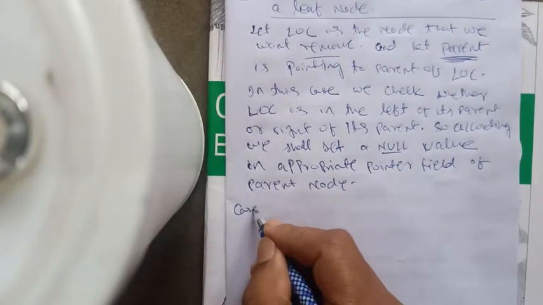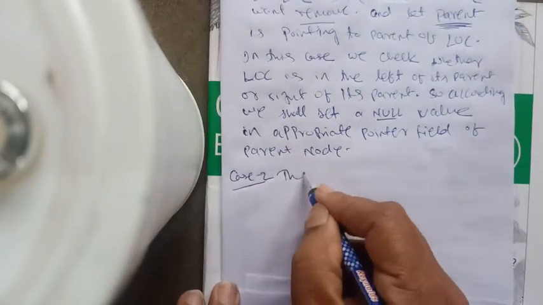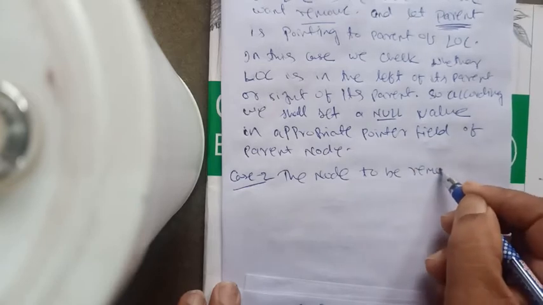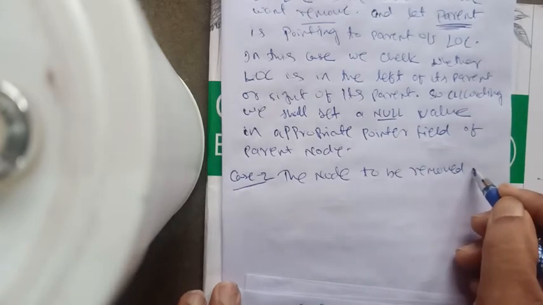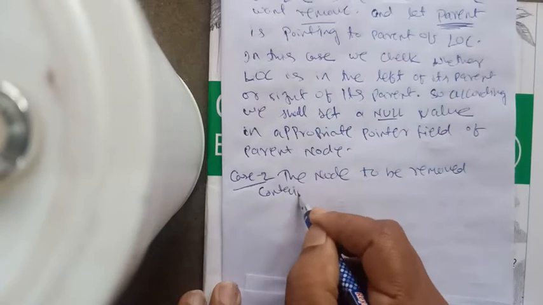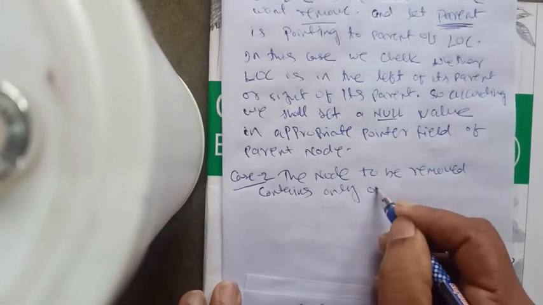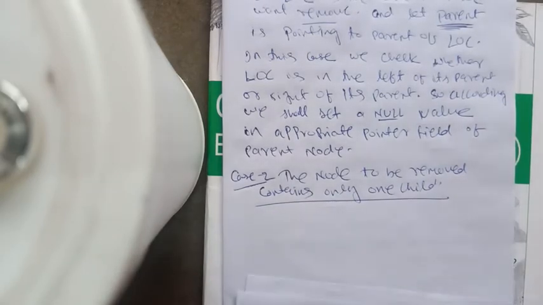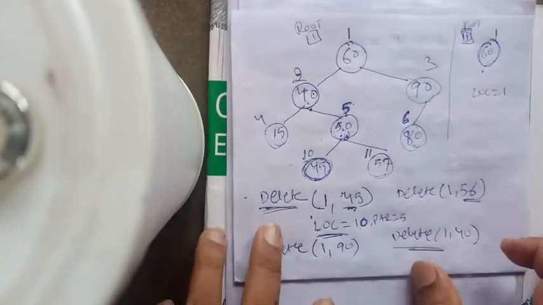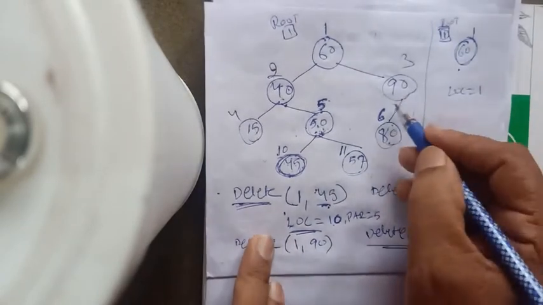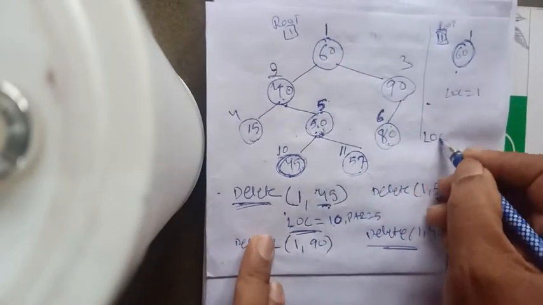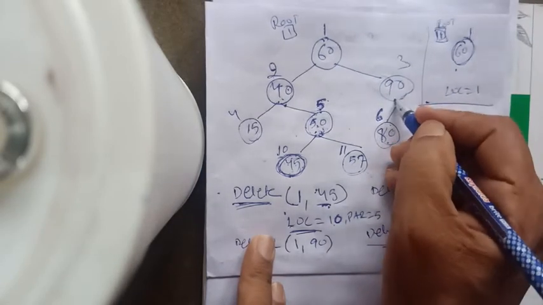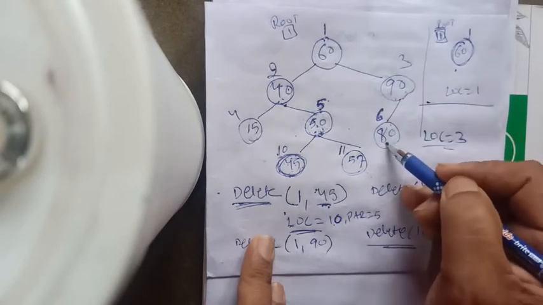Second case, case 2: the node to be removed contains only one child. So let us assume we want to remove LOC equal to 3, that is 90. So 90 has only one child.